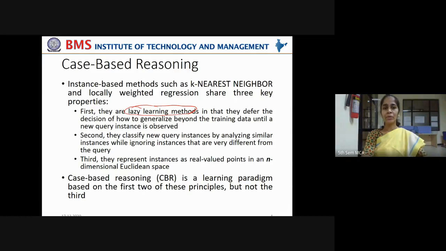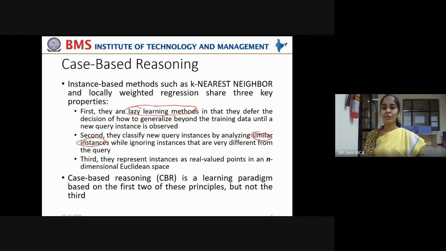And the second property: they classify new query instances by analyzing similar instances. Similarity in the properties, in the attributes, in the features of new instances and existing instances. They classify new query instances by analyzing similar instances while ignoring instances that are very different from the query.